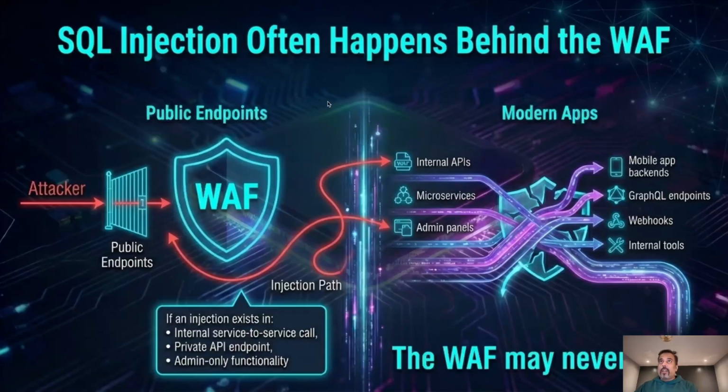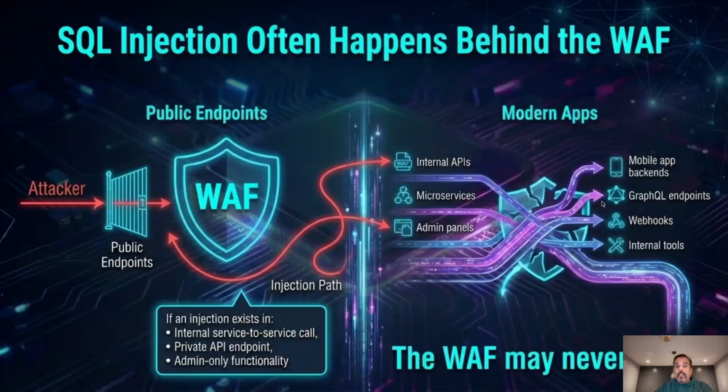Now let's have a look at how SQL injection happens behind the WAF. A WAF protects public endpoints, but modern apps have internal APIs, microservices, admin panels, mobile app backends, GraphQL endpoints, webhooks, internal tools.